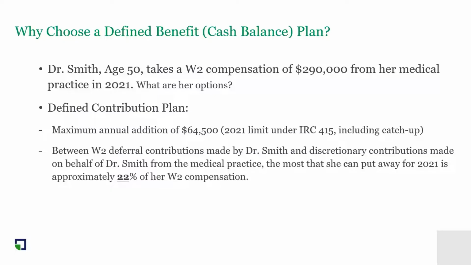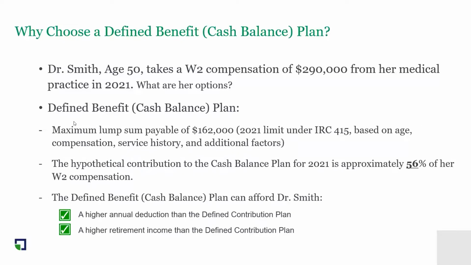The most that she can put in for 2021, on behalf of herself and as the practice on her behalf, is $64,500. Between the contributions she's putting in from her own W-2 and the contributions funded on her behalf from the company, that's approximately 22% of her W-2 compensation. Certainly a great tax savings, certainly great retirement savings. But of course, the question is always, is there more? And that's where we want to talk about a defined benefit plan.